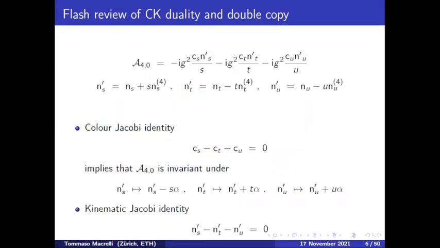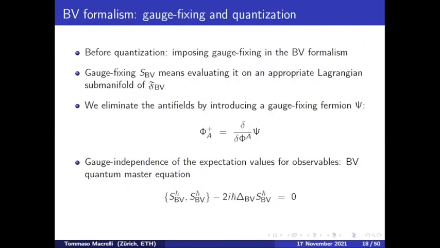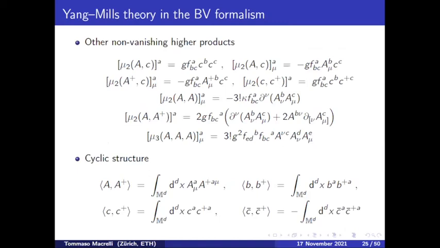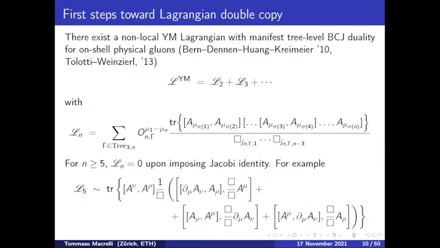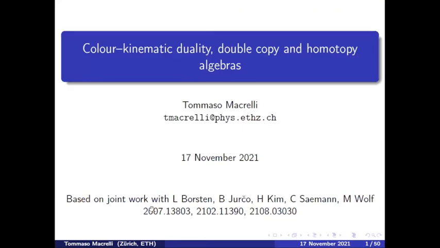But actually, the double copy from the Lagrangian BRST perspective can be described also without BV formalism, aside from minor remarks. For example, the first paper here makes almost no use of homotopy algebra techniques.